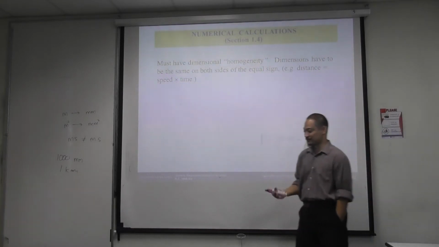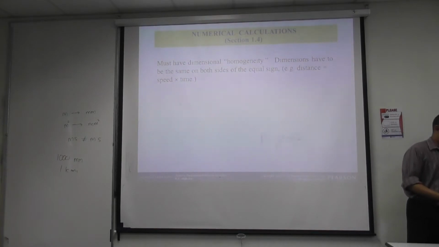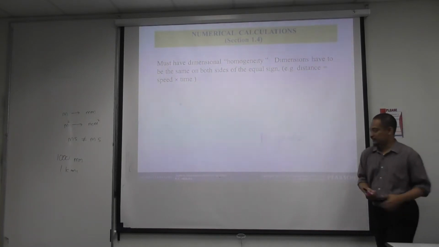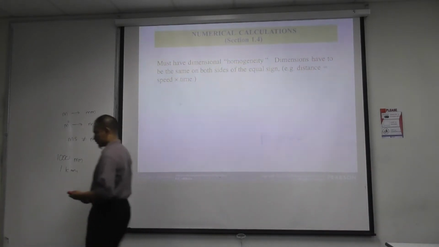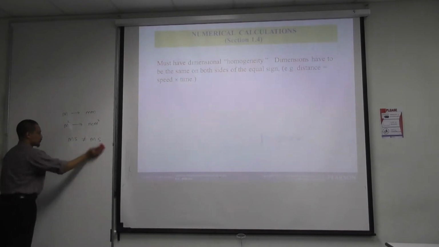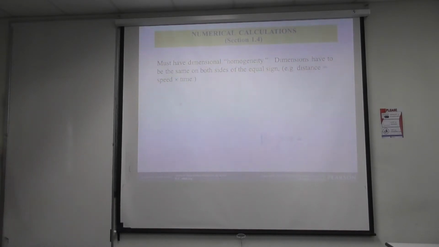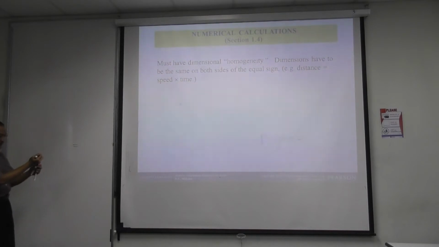In layman's terms it's the same, right? So on both sides. So this is another thing where how you write means something, and you have to write properly, right? So what happens if you have an equal sign, what happens here should be the same as here, meaning in terms of unit, etc., it should be the same, right?